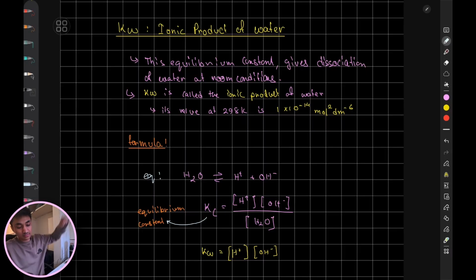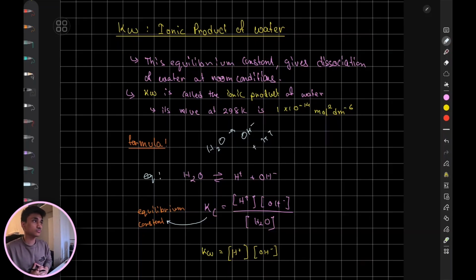This equilibrium constant basically gives you the dissociation of water at room conditions. So water does dissociate, but very little. We talked about it above. Very little H plus is produced by H2O's dissociation, and dissociation of water basically means H2O forming OH minus and H plus ions. That is all it means.